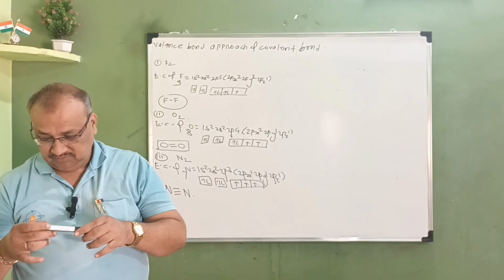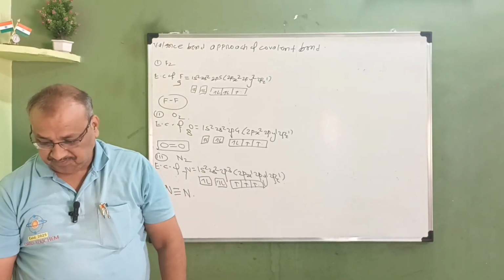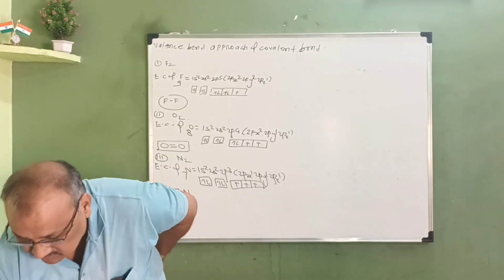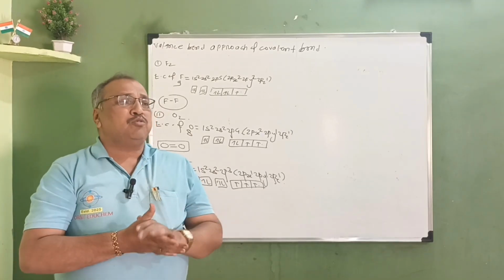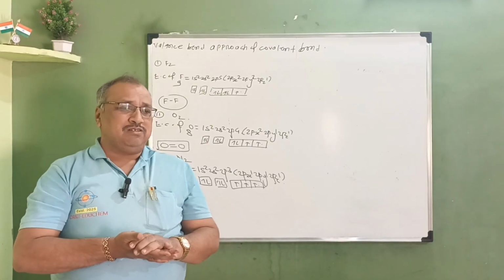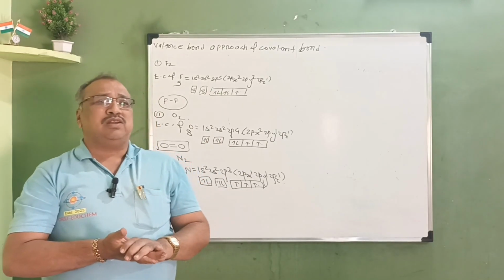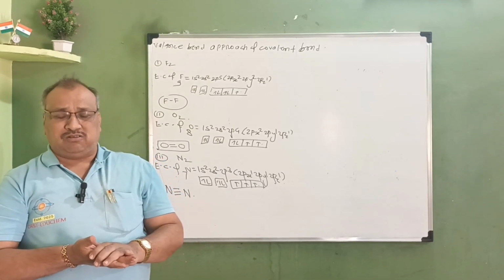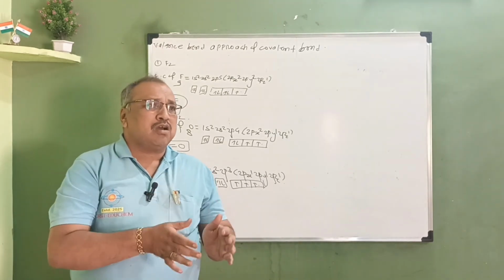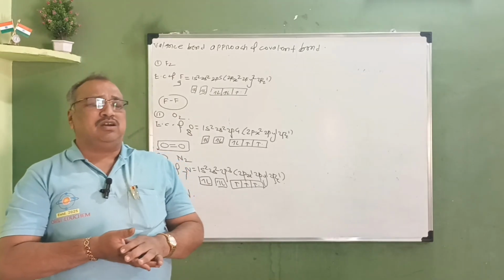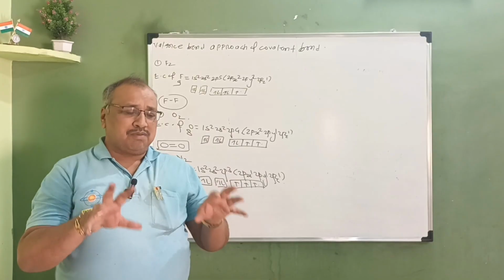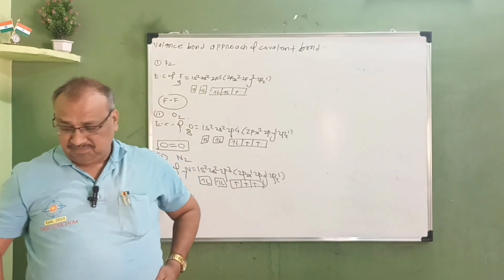Second, the strength of a covalent bond depends upon the extent of overlapping. The greater the extent of overlapping, the stronger is the covalent bond. Third, the number of covalent bonds formed is equal to the number of half-filled atomic orbitals, or the number of unpaired electrons present in the atom.